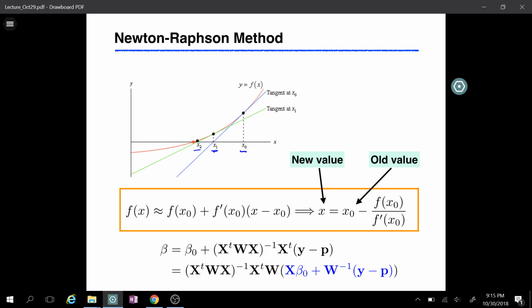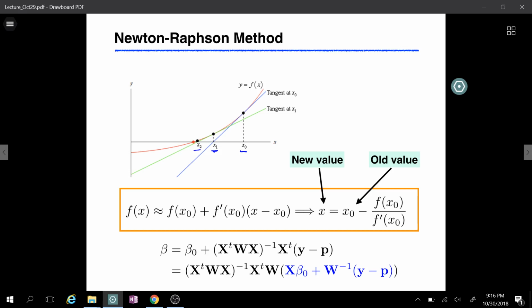Now, sometimes we can rewrite this summation by absorbing the beta 0 inside the parentheses. You can see the expression in front of beta 1 is basically a matrix inverse times the matrix itself, so they cancel each other. And for the original y minus p, because you have a W outside, you have a W inverse inside.